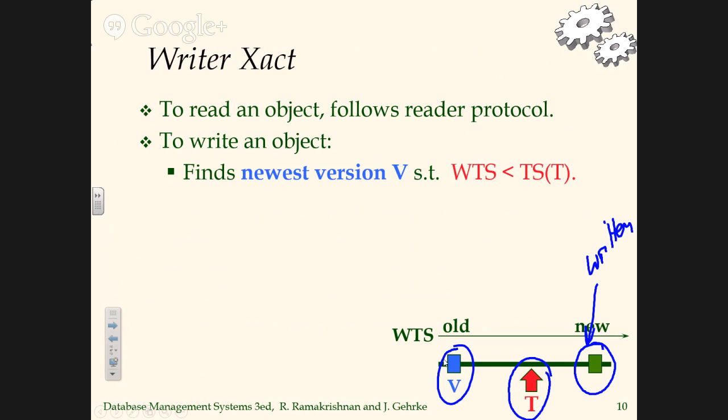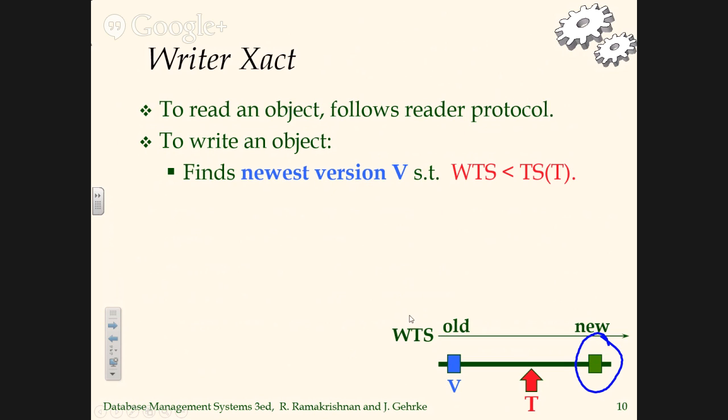And so you might ask, how can this be? How can I actually be allowed to update something that has already been updated? Sounds crazy. But the trick is the same as with the Thomas Write Rule that we had before: somebody will just overwrite your value.